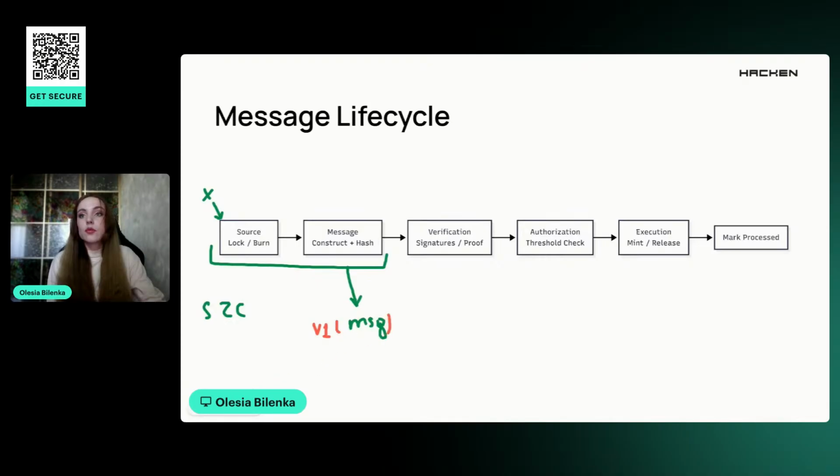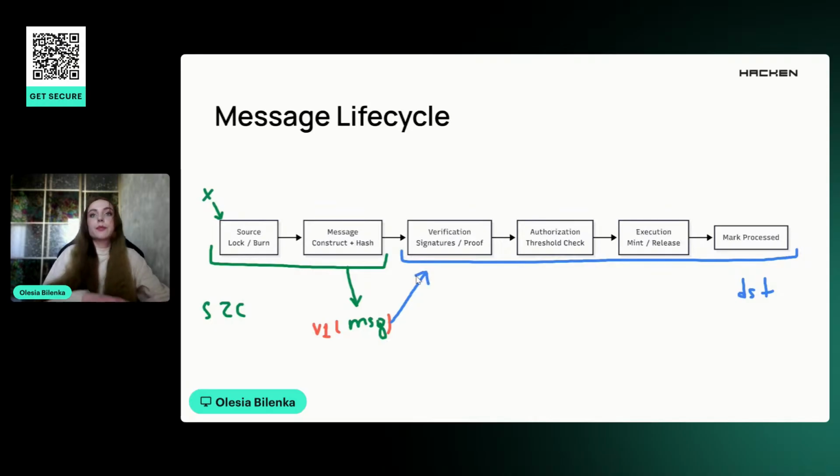Then we move to the destination chain. These four steps belong to the destination chain part. This signed message goes to the verification part, where the signature is recovered and we receive the validator who signed the message. Then it goes to the authorization part, where there is a set of validators or one validator, depending on the message architecture.